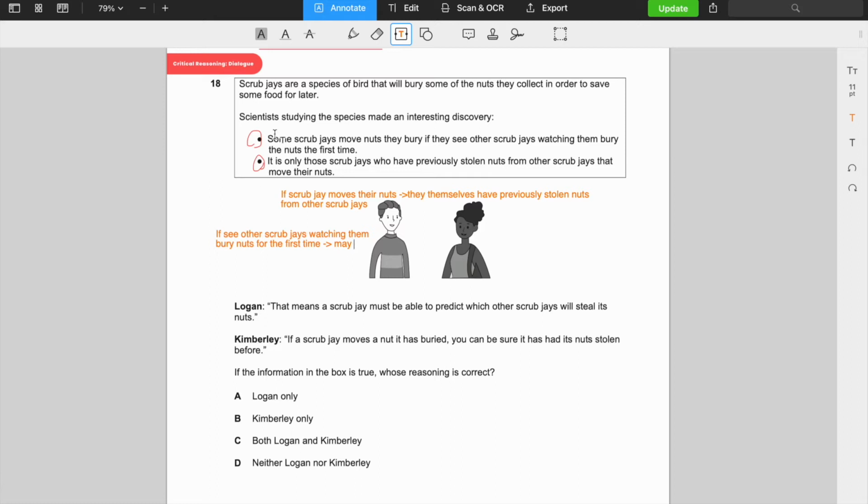So this is actually quite interesting. It doesn't say all, it says some. So this is not really a conditional statement, because it's not guaranteeing that the next course of action will definitely occur. It's not if X then Y, it's rather if X maybe Y, because here it's saying some. Some is the key word here. So they may move their nuts, but we don't know for sure.